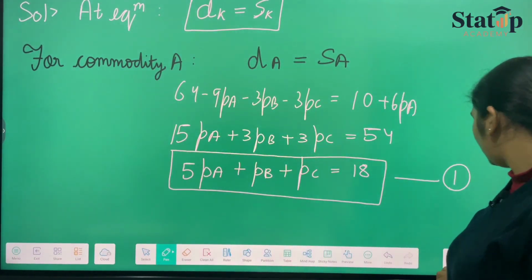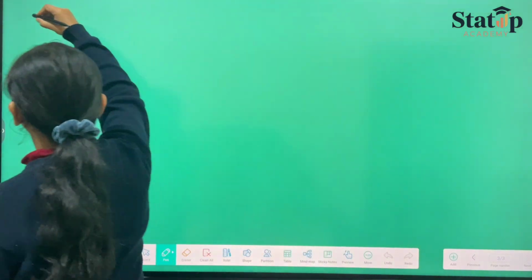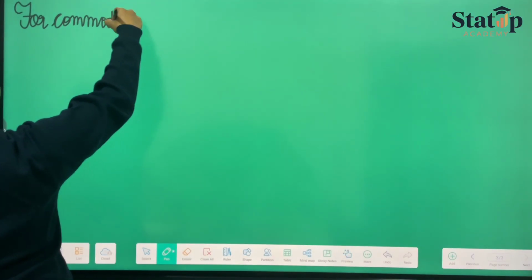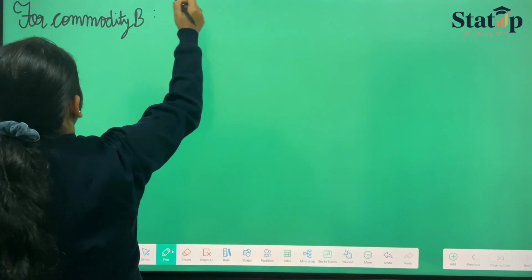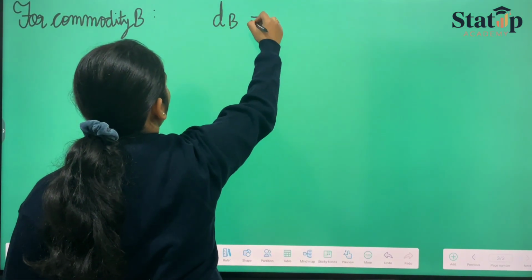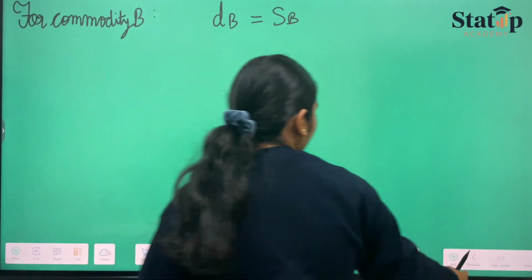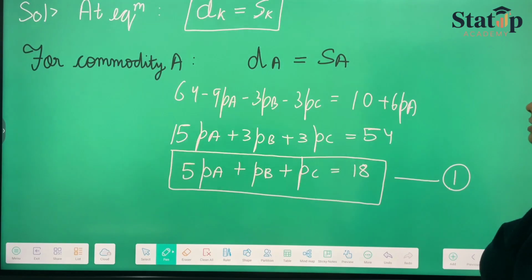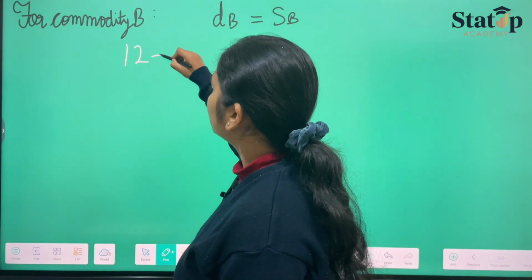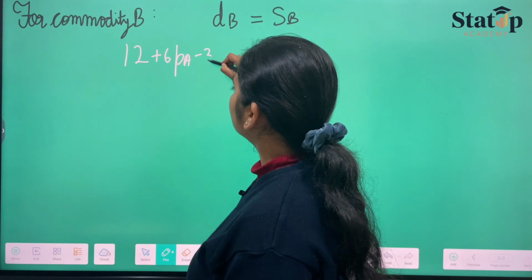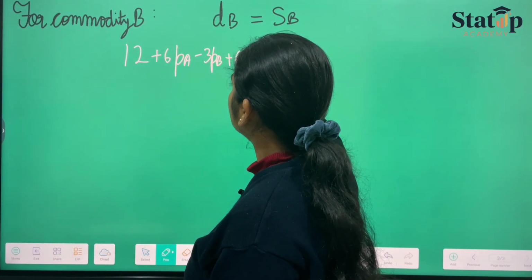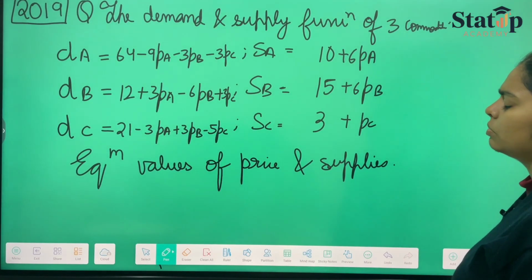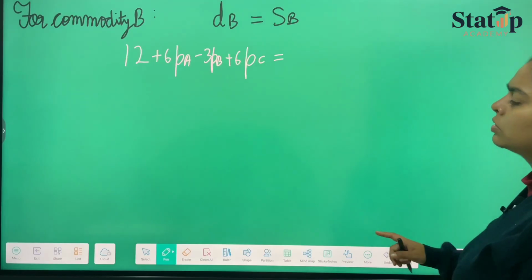Okay. Now for the second commodity, commodity B, demand of commodity B should be equal to supply of commodity B. Now we'll see what the demand and supply functions are. Demand of B is 12 plus 3 PA minus 6 PB plus 3 PC.